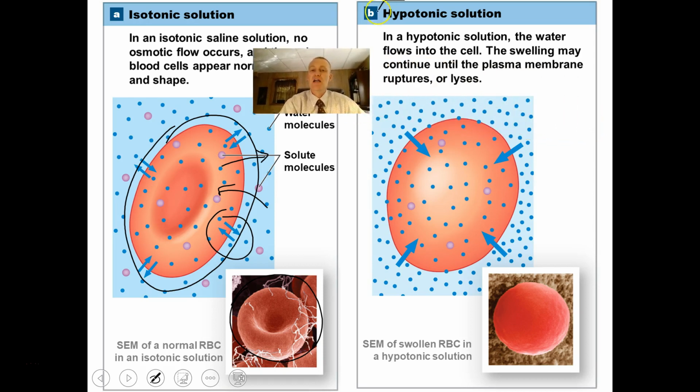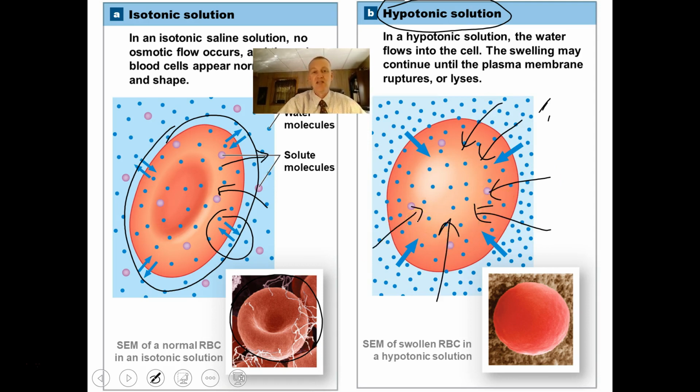In a hypotonic solution, though, you've got some issues going on. Because in a hypotonic solution on the outside, you have more water running into the cell, which has more solute on the inside. So in a hypotonic solution, water rushes in, and when water rushes in, it's going to cause the cell to swell up, as you can see in the scanning electron microscope picture down here at the bottom.